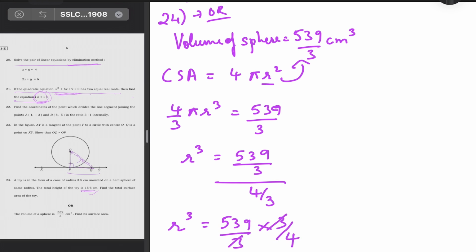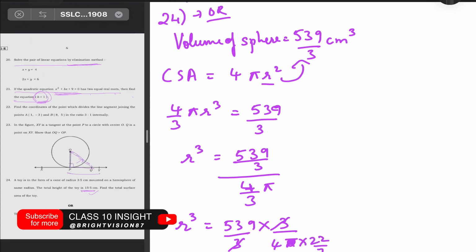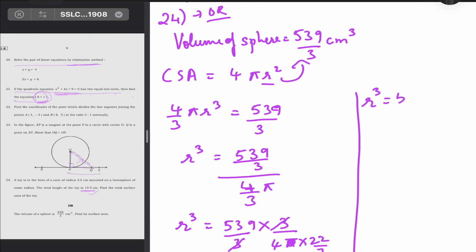3 gets cancelled. Therefore, r cube is equal to 539 by 3 into 3 by 4 pi. 3 gets cancelled. In place of pi, we can write 22 by 7, which is again r cube is equal to 539 divided by 4 into 7 by 22.